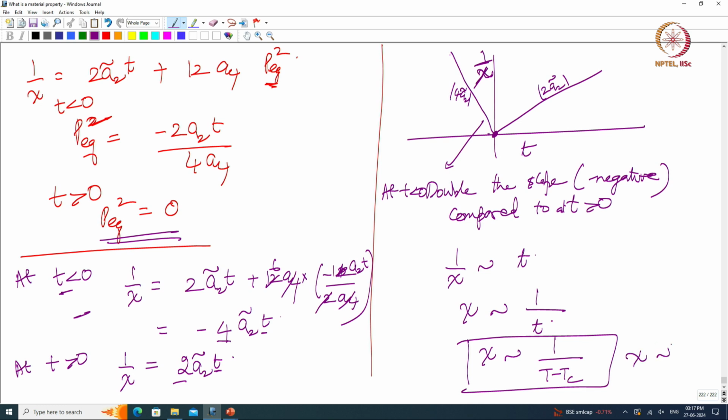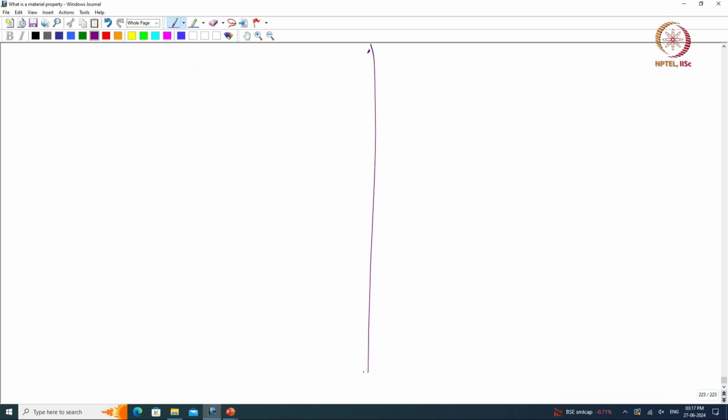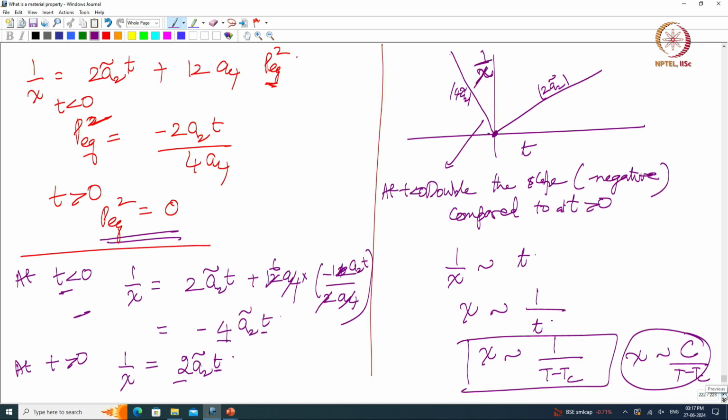So, susceptibility goes as C by T minus Tc. What is C? C is nothing but the Curie constant. Susceptibility is equal to C by T minus Tc. Let us say this is in the high temperature phase.